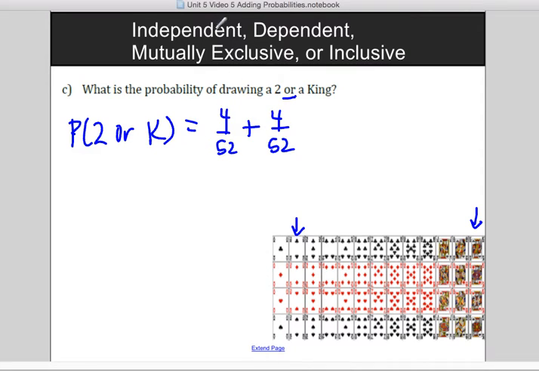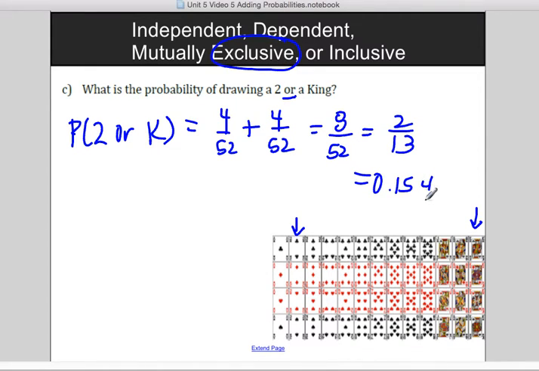No, you cannot, so that makes it exclusive. You cannot be the same thing. So 4 plus 4 gives me 8 out of 52, which reduces to 2 out of 13, or 0.154. So that is example C.